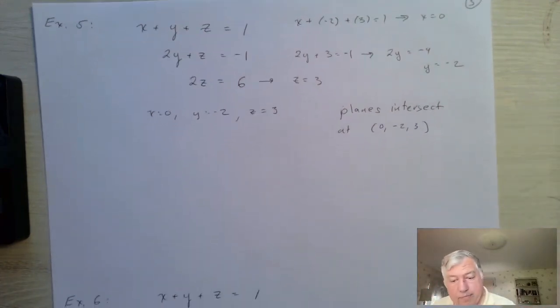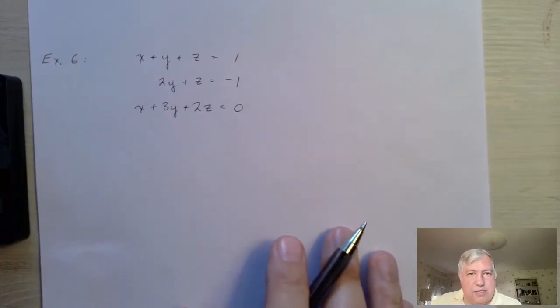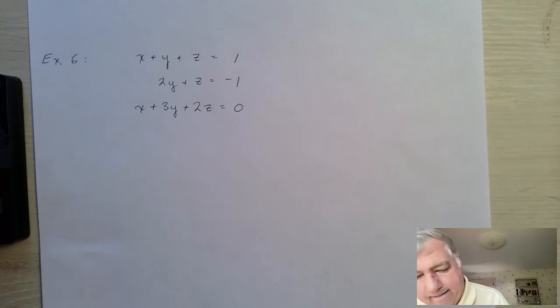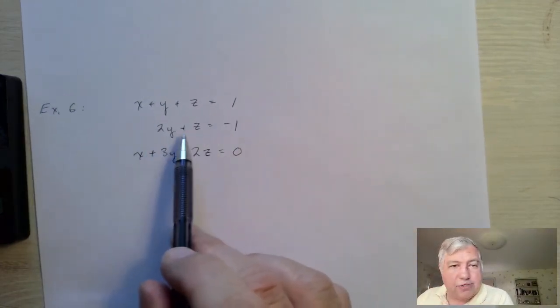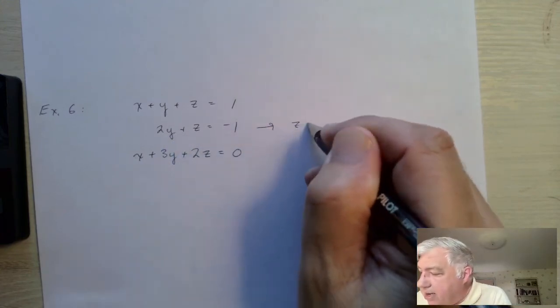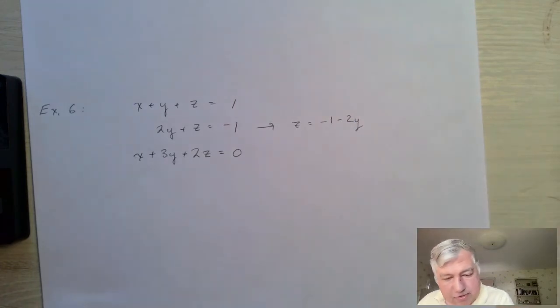Okay. All right. In example 6, if we try to do the same thing, we can see that the least threatening equation would be the middle one, because we can write z as negative 1 minus 2y, subtracting 2y from both sides.